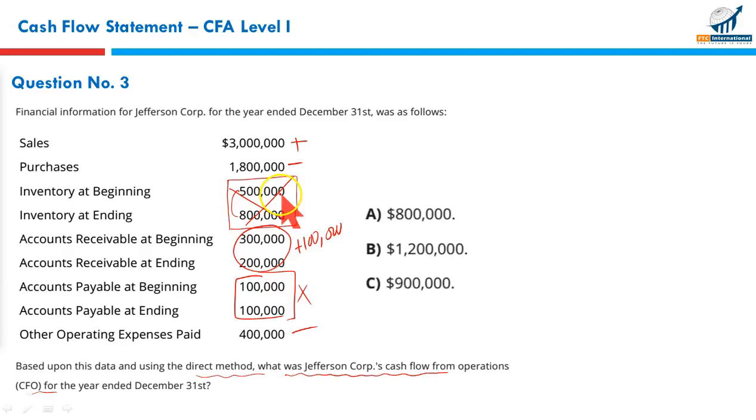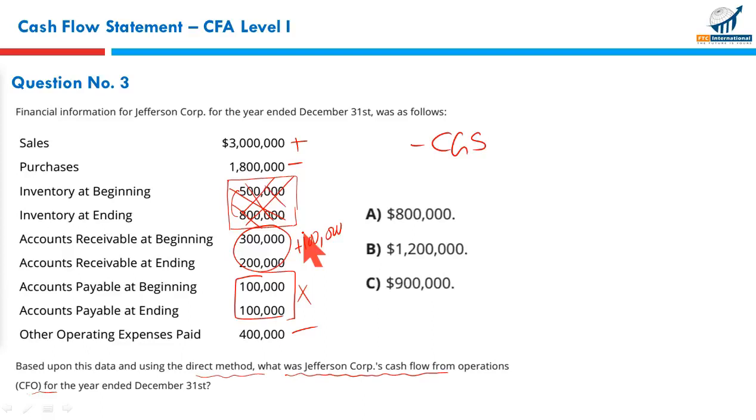When will we consider the inventory balances? When we are given the CGS. If we have been given the CGS, CGS itself represents an outflow, and in CGS we will have to make the adjustment for inventory. When you will add and when you will deduct, we will discuss. But the point to be noted: when you have been given purchases, you need to ignore the beginning and ending inventories. You just need to sum these all up and you will get your answer.